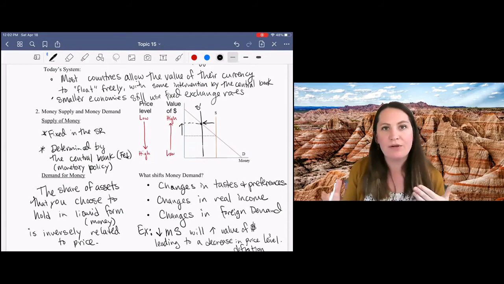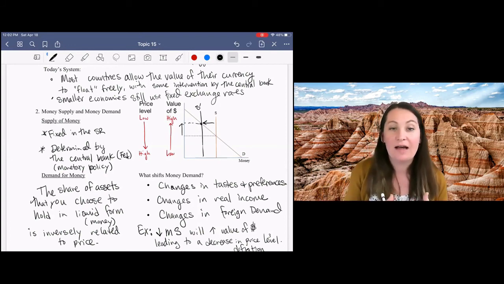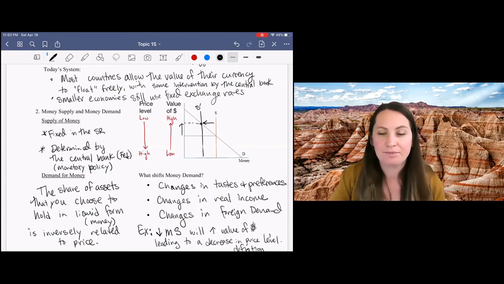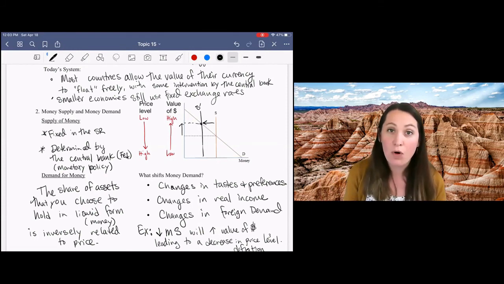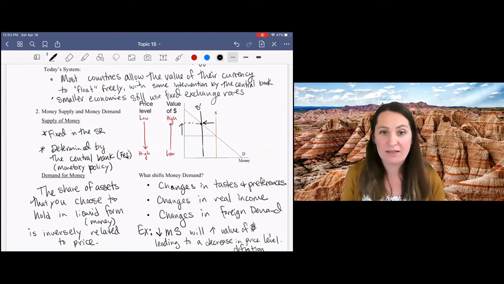Okay, now hopefully you understand how the value of our currency is determined and the importance of monetary policy.